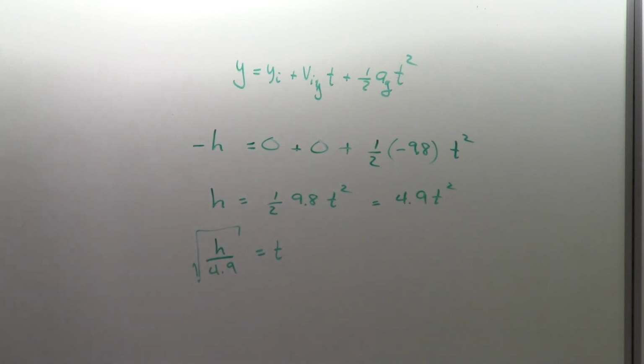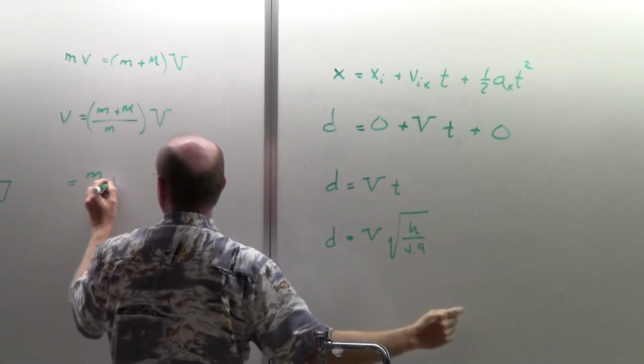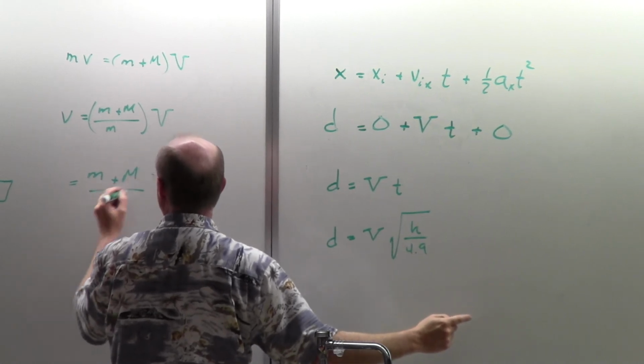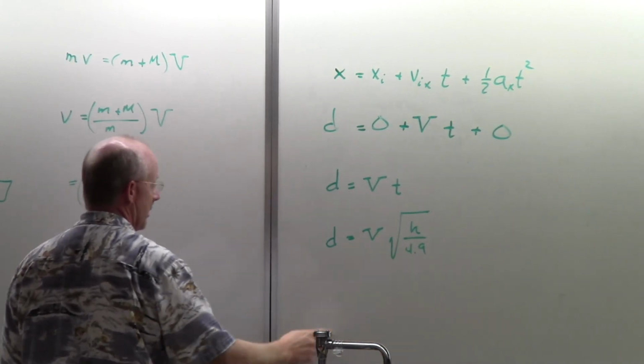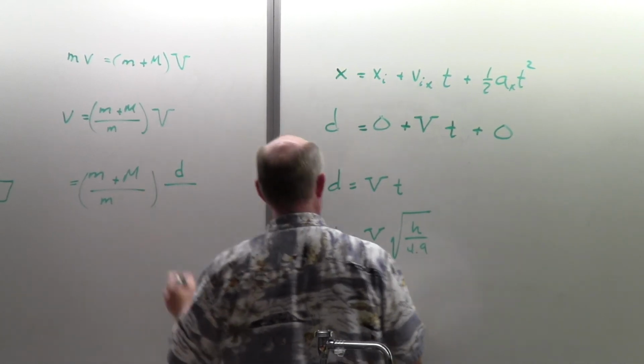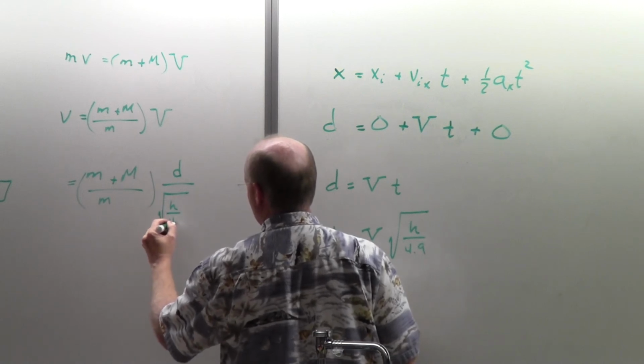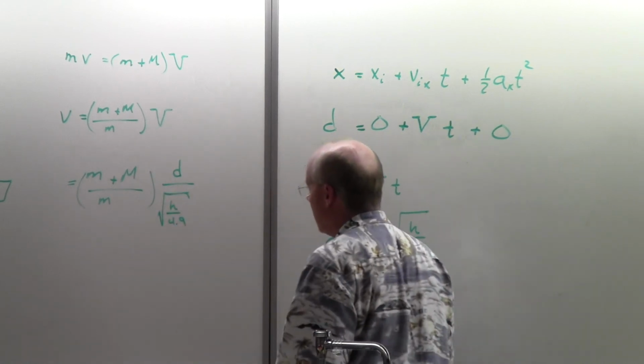Then taking this one and saying V equals little m plus big M over little m times capital V, then I can take this stuff that I just did from the old chapters, and that would be d divided by the square root of h over 4.9.